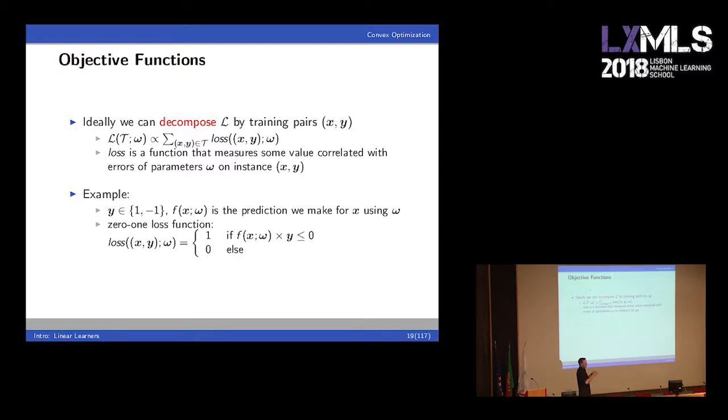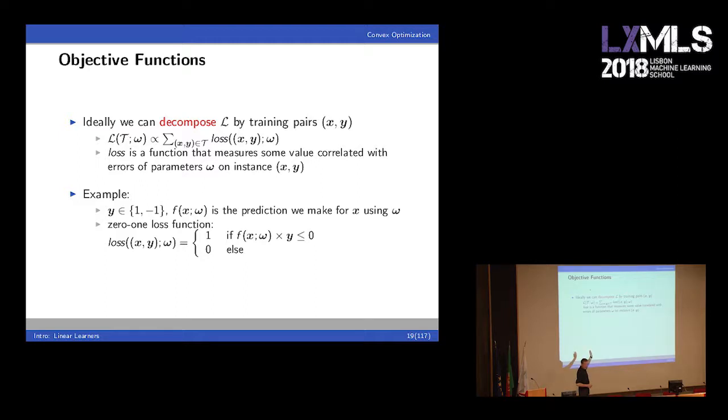So for each training data pair x, y, we incur a loss, and the overall loss for our training set is the sum of the losses of the individual training examples. The loss function is a function that measures the error that we make if the parameter setting for W is not really correct, so if it doesn't really represent the training data.